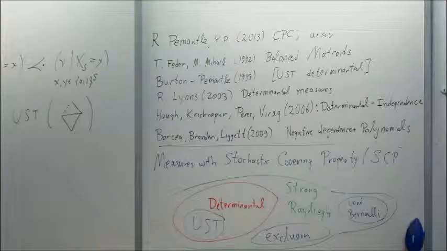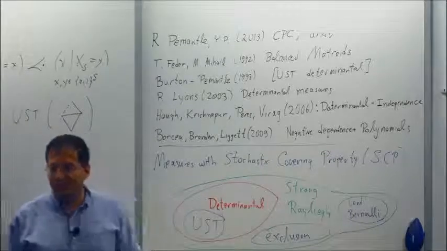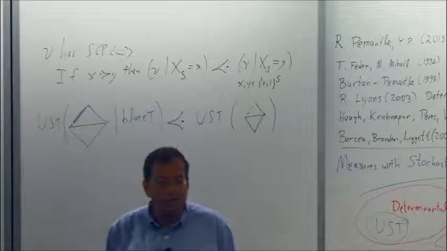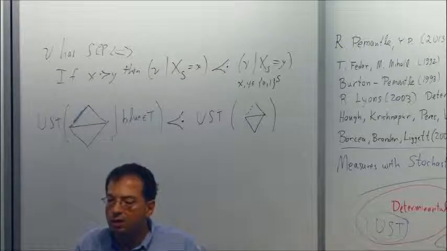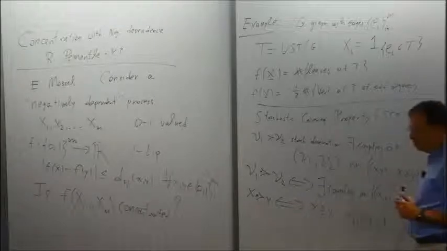They didn't define the stochastic covering property, but in fact, the first half of their proof entails proving the stochastic covering property, and that was the tool, and then in the second half of the proof, they deduce the negative association property. Yes. Stochastic covering implies negative association, together with homogeneity.